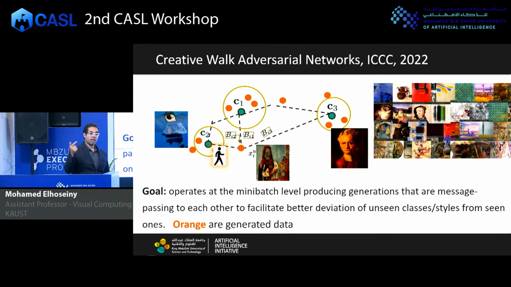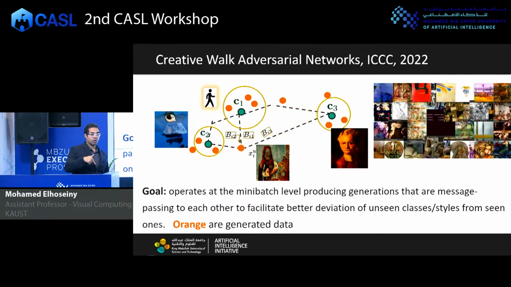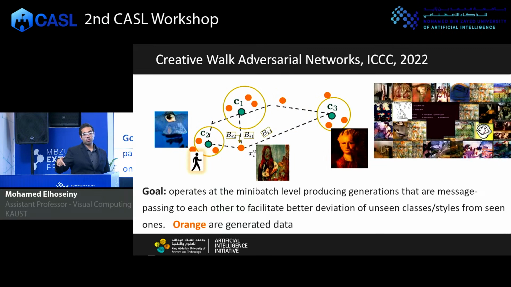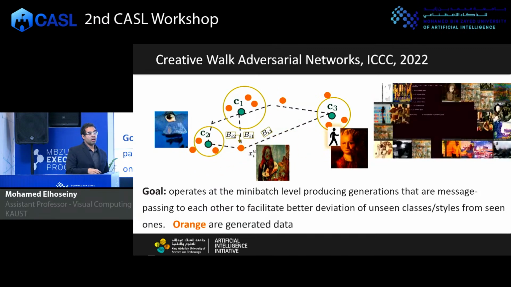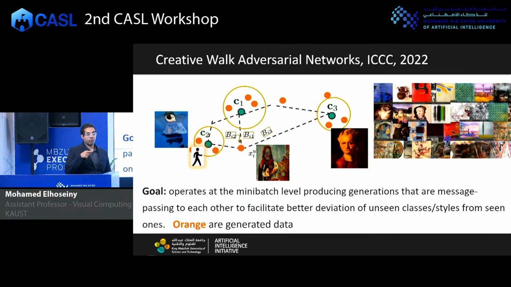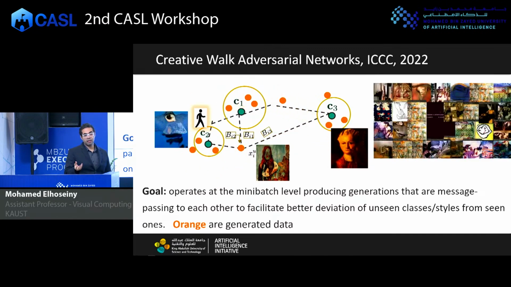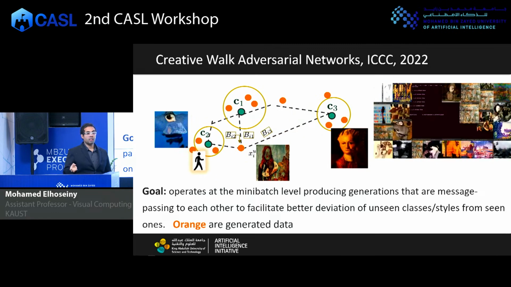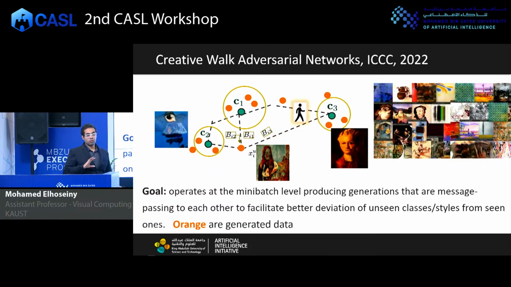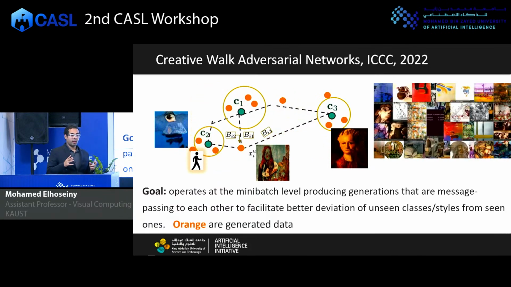So no matter which class you start from, if I go through generated examples that I want to be novel, I want to make it hard for the model to know where it starts. And the intuition behind that is that I want to model that as a deviation loss. I want those images to be communicating with one another.